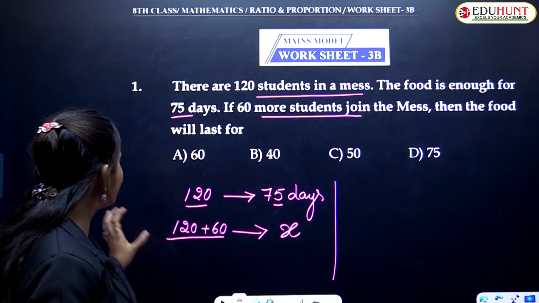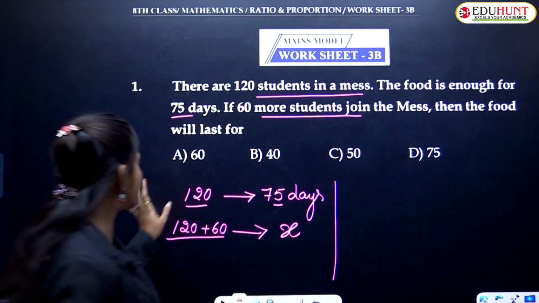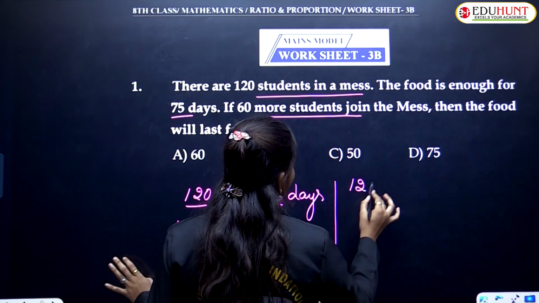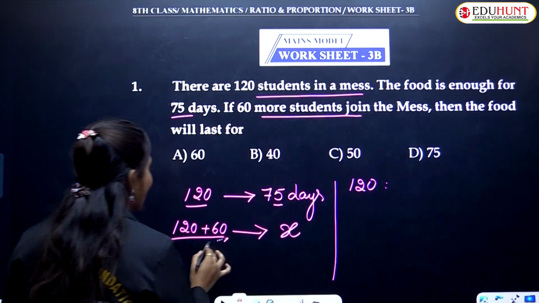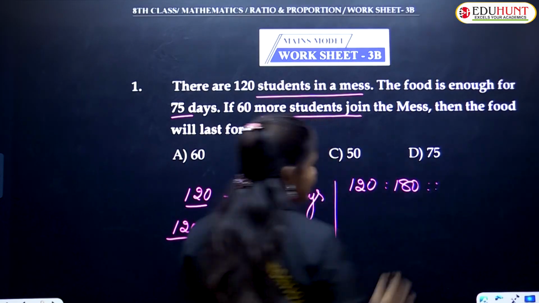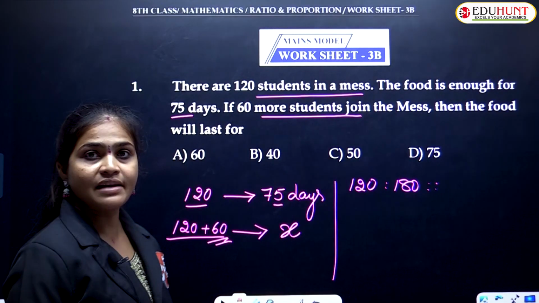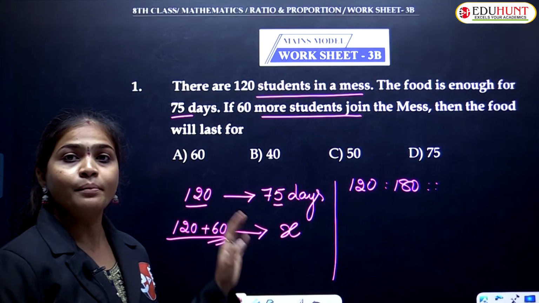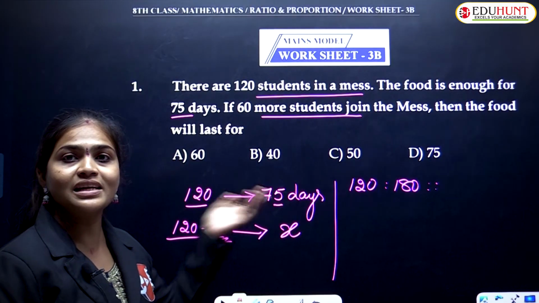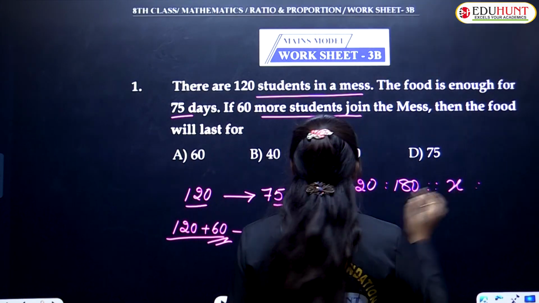How to use the same conditions with proportion? Say 120 students and the newly added 60 students, totally 180 students, as is to 75 is to x. But this is inversely proportional, no? So that's why we have to take the inverse ratio.